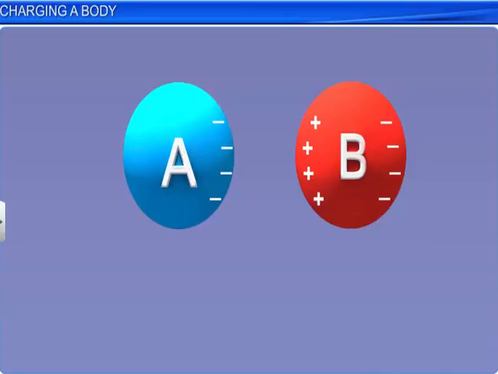In this case, the charges inside B are only polarized and no transfer of charges takes place. This process of polarization of the charge on an uncharged body, when a charged body is held close to it, is called induction of charge.